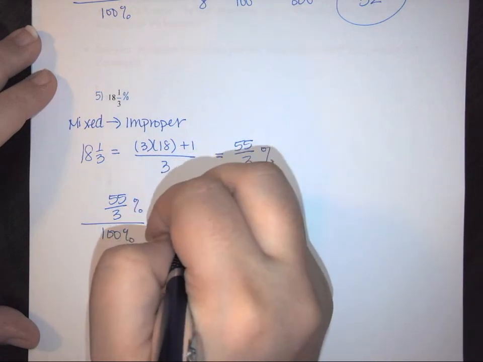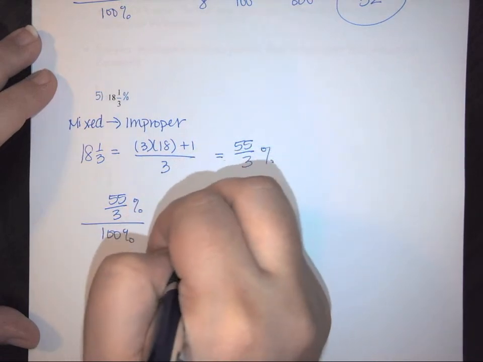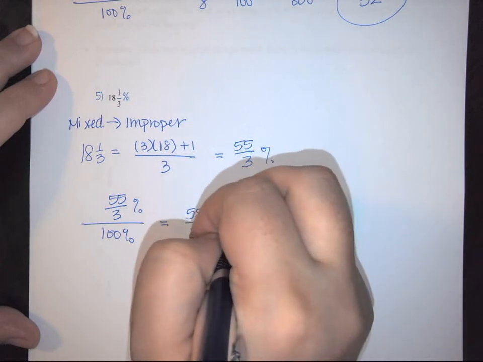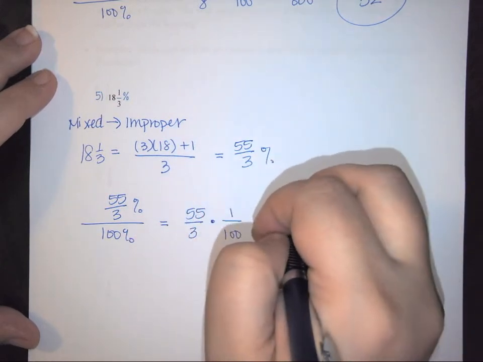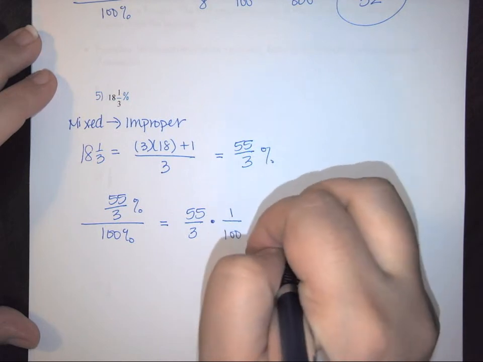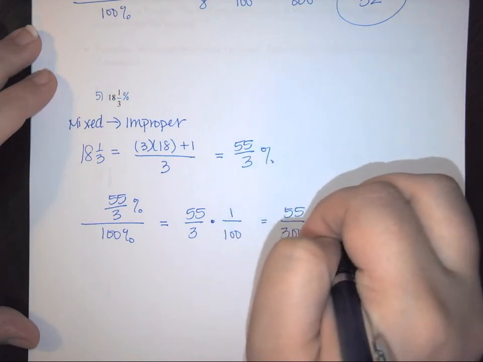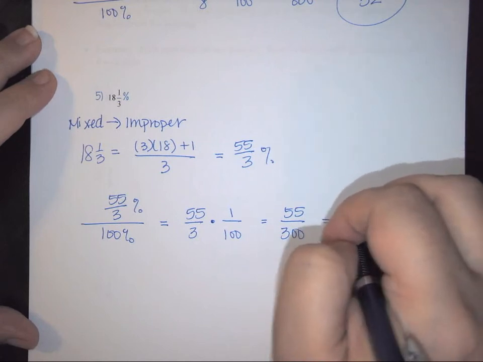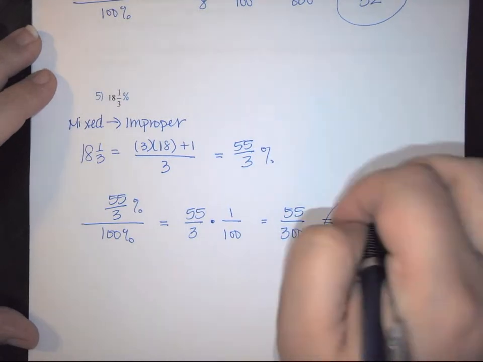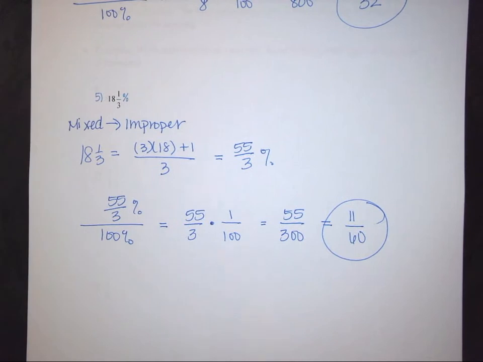So here we're going to keep the top, multiply by the reciprocal of the bottom. So this becomes 55 over 300, which is going to reduce down to 11 over 60, and that would be your result.